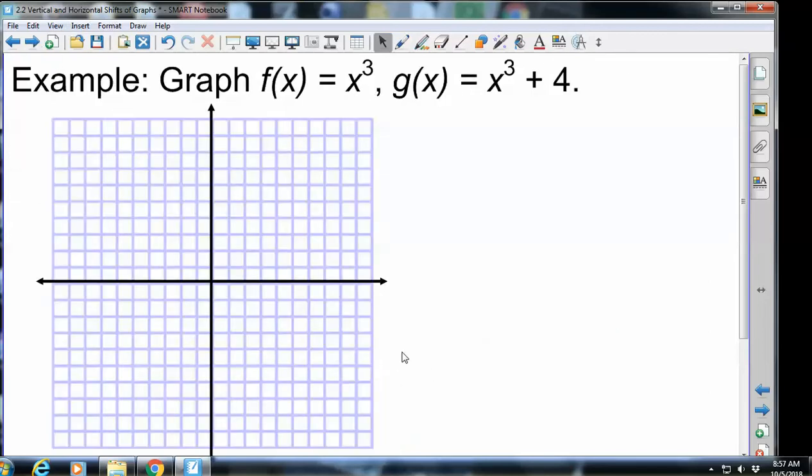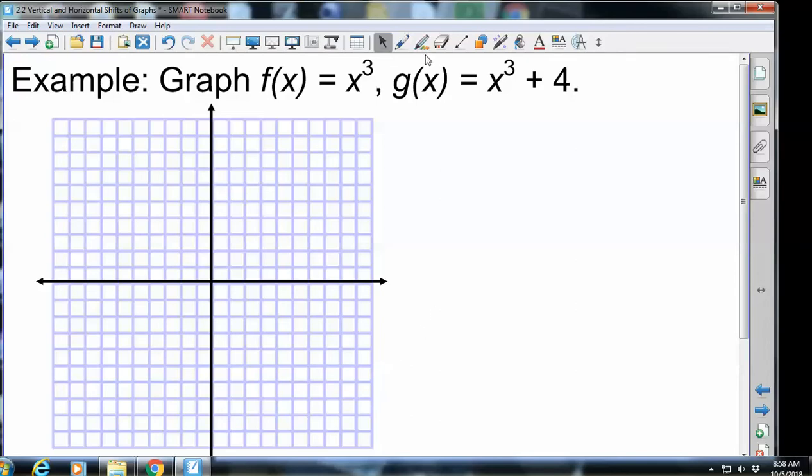So we are going to graph x cubed and x cubed plus 4. Alright, what does x cubed look like? X squared is a parabola. X cubed is like the chair.